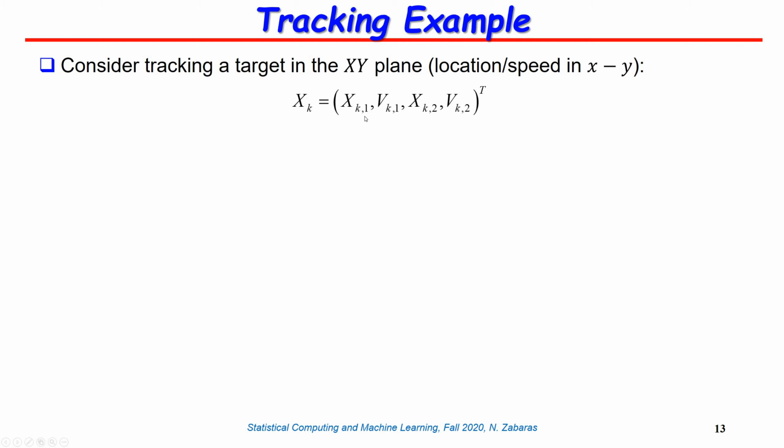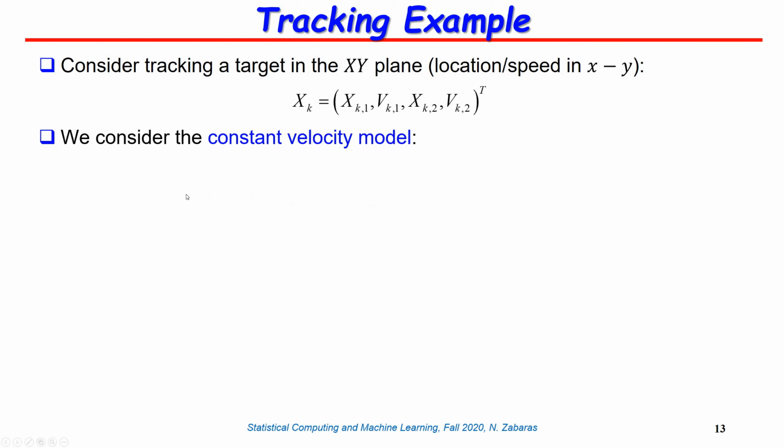So x_k1 is the x component of the location of the missile. v_k1 is the x component of the velocity of the missile, and similarly for x2 and v2. And k is the indicator that refers to the time instance. So at time k, these are the x components of the location and velocity, and these are the y components of the location and the velocity.